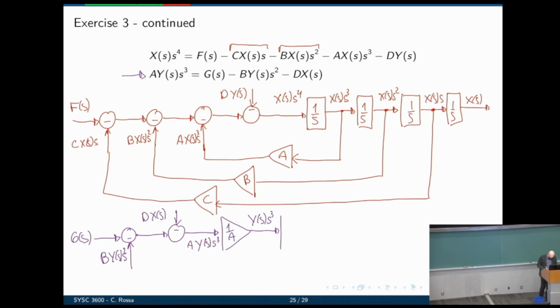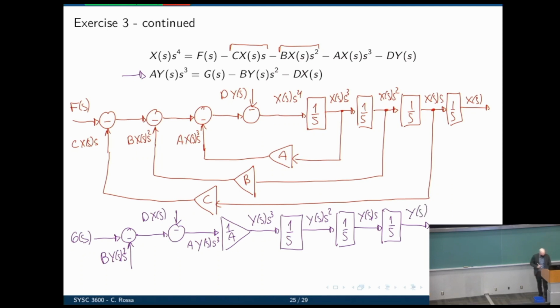And now we can start to integrate one time, y of s squared. Integrate one more time, and integrate one more time to find y of s. Now we need b y of s squared. Here is y of s squared. Multiply that by b. There we go. And finally, we need to connect d, this input here, d x of s.